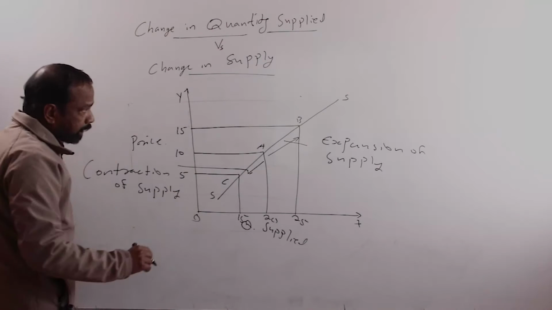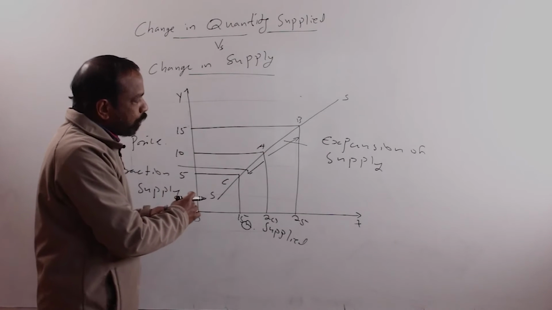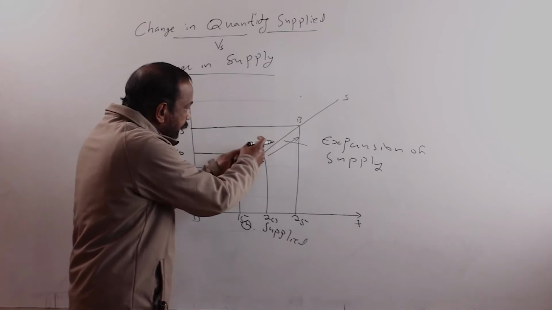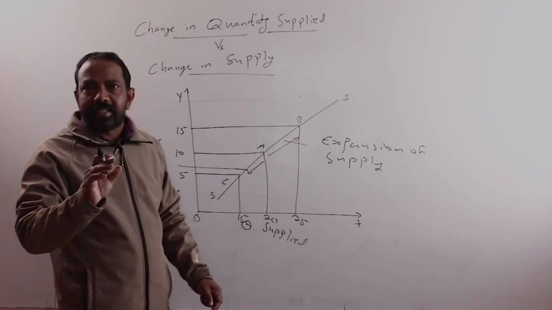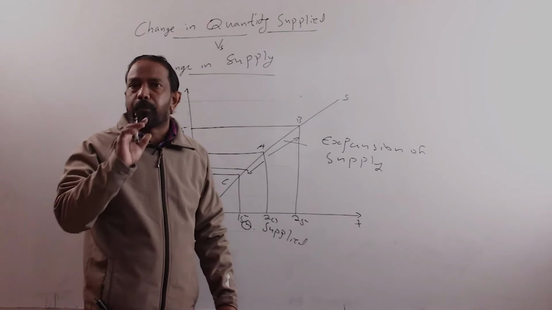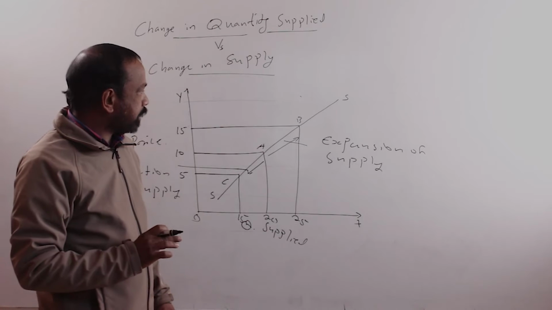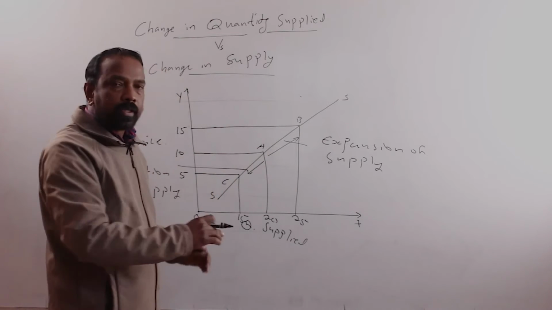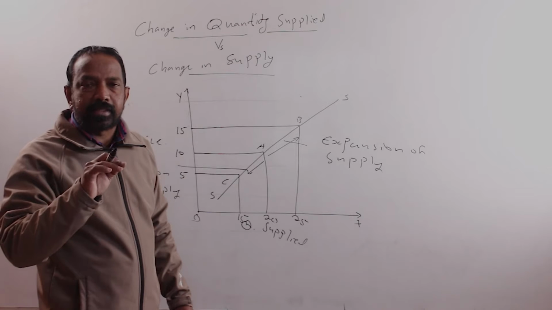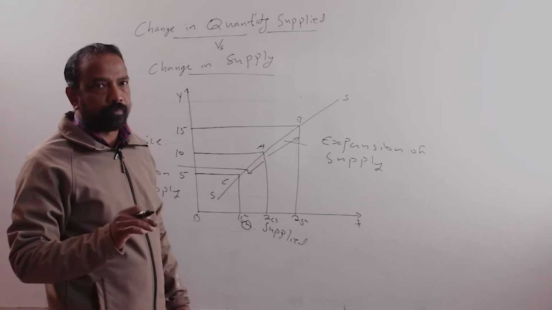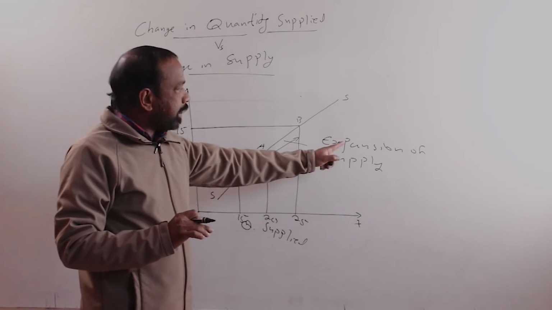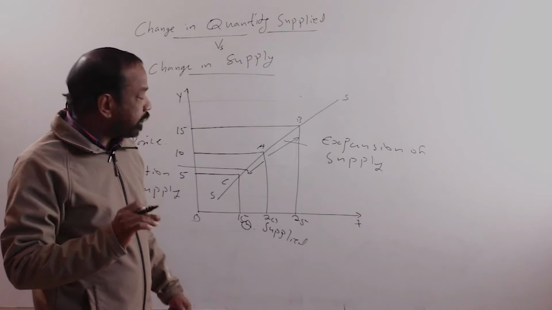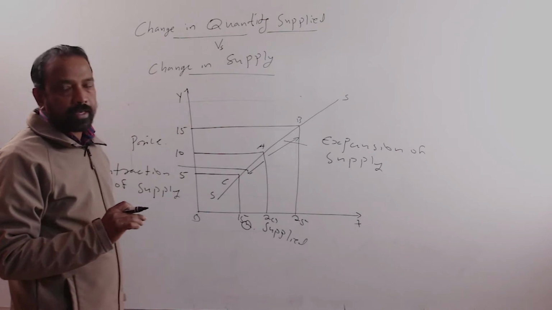Now look at here: expansion and contraction of supply. Our point moves upward and downward on the existing supply curve. That is very important. So they are expansion and contraction of supply because of change in price.